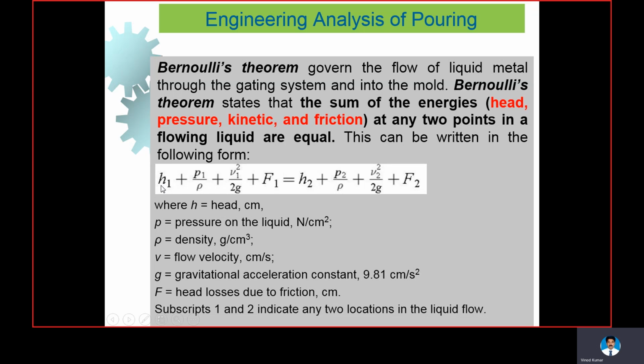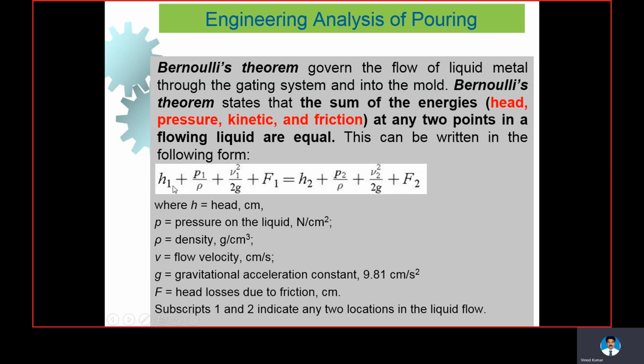H1, which is the head energy, pressure, kinetic energy and friction. So three energies are there during the flow: head due to height, pressure energy, kinetic energy, and friction energy.